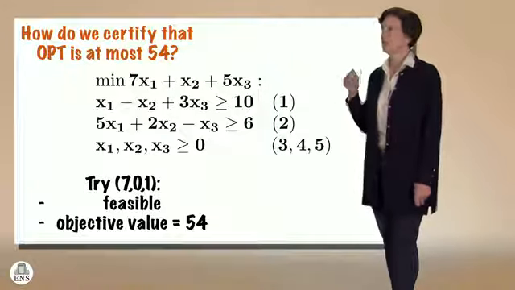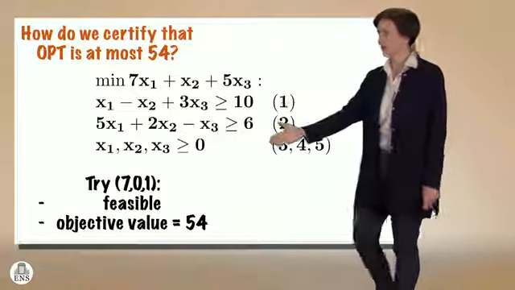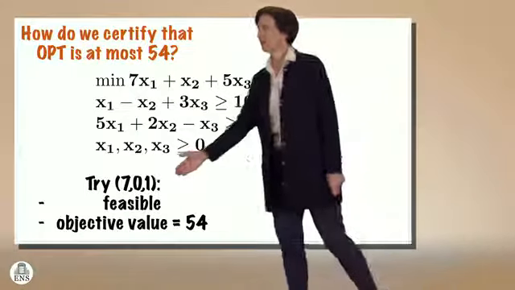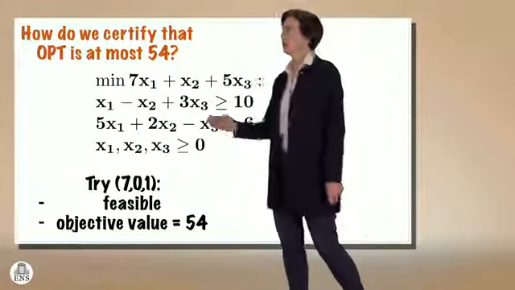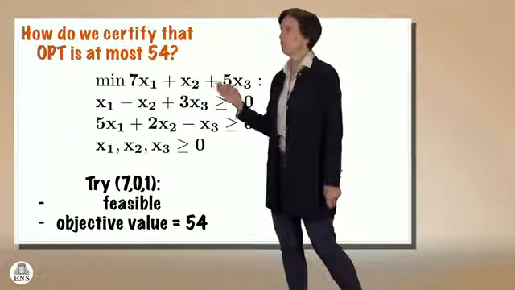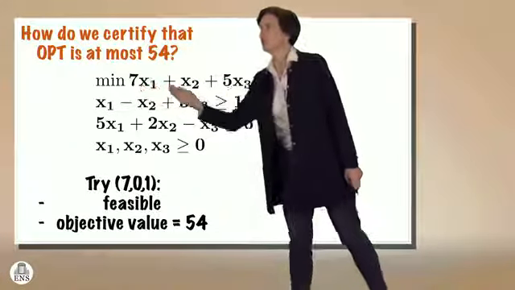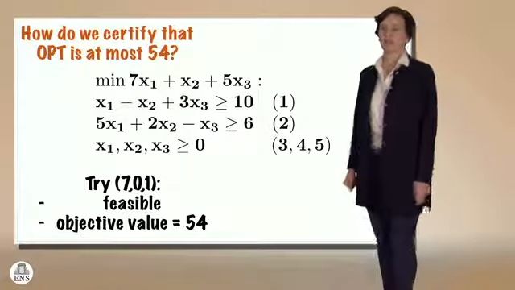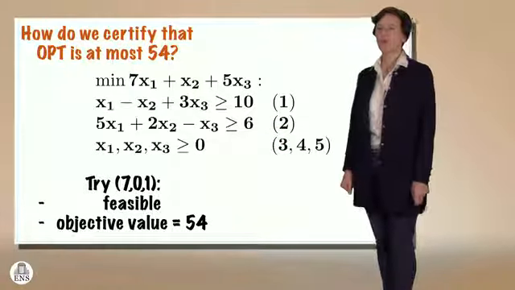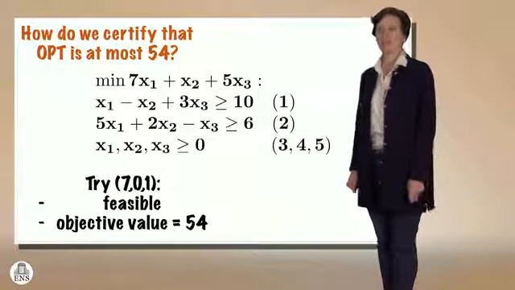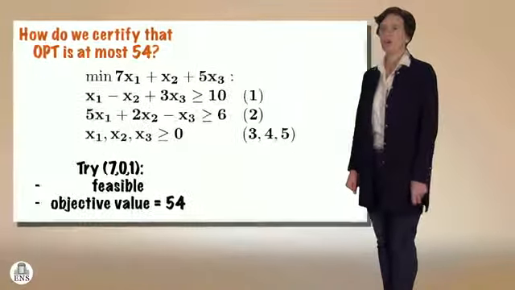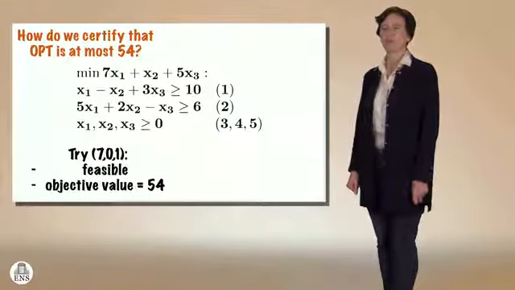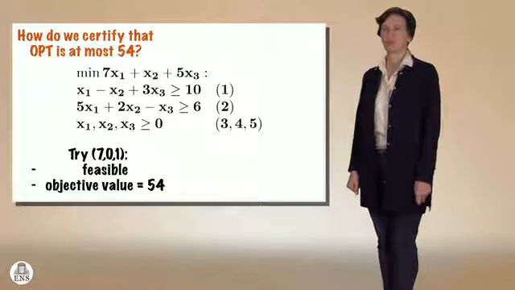So we have exhibited a particular x1, x2, x3 that has value 54. So the minimum possible value, when you minimize over all feasible x's, must be less than or equal to 54. And so with this feasible solution, we have proved that the optimal value is less than or equal to 54.